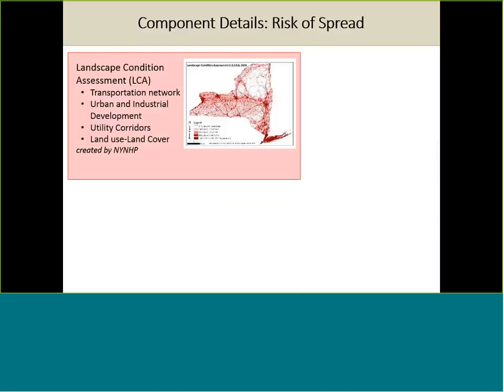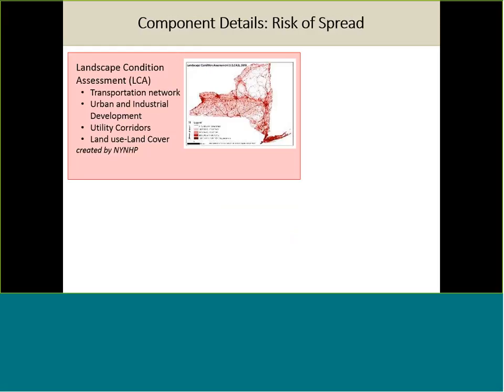And then we also included the risk of spread. And to create this layer, we used, first of all, a layer created by the Natural Heritage Program earlier called the Landscape Condition Assessment. And this includes lots of different human stressors: the transportation network, urban and industrial development, utility corridors, land use and land cover as well. And there's also an element included in this LCA layer that calculates the anticipated size of the impact of the stressor and the distance away from the stressor that impact would lessen.